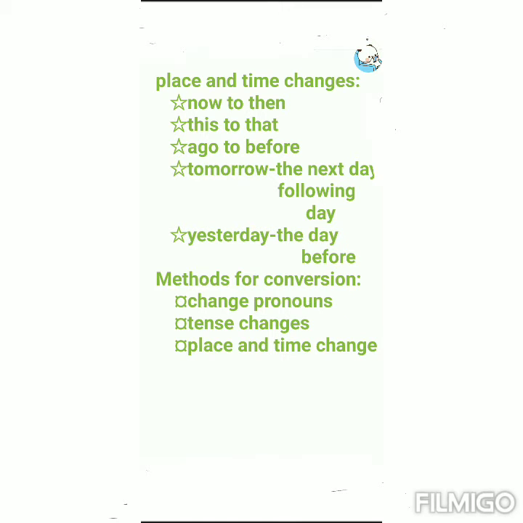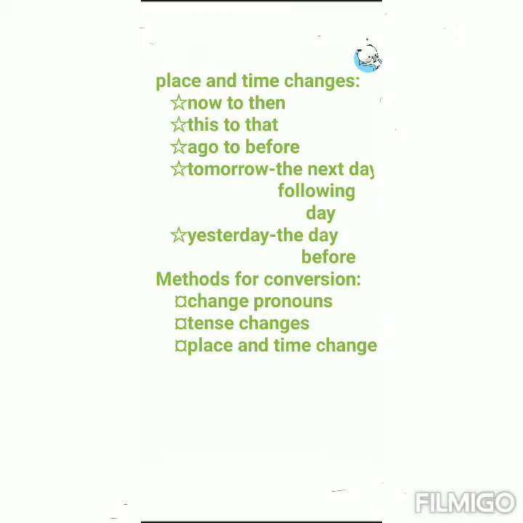As I told you before in the second slide, tense changes are to be done. If you find those words in direct speech, they should be replaced with the respective words in reported speech. And third comes the place and time changes, which I have given you. So have a look at these things and make sure that you memorize all of them.